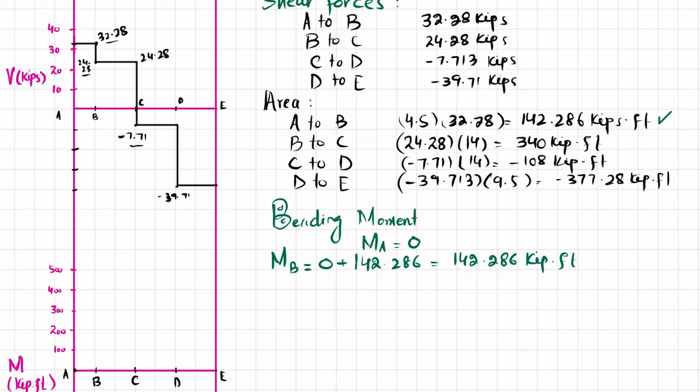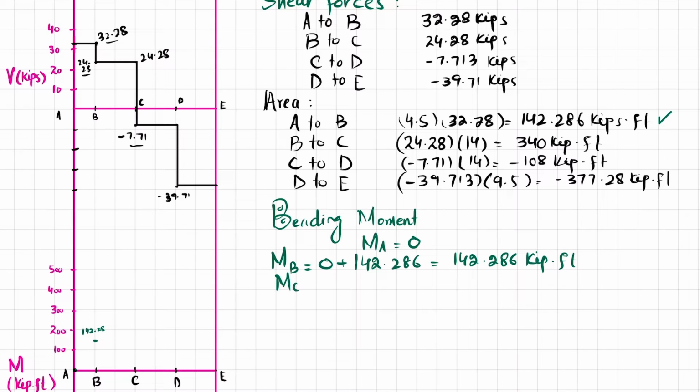I will plot it on the spot. So this is 100. This is 150. So 142 will be somewhat here. I will also write 142.28.